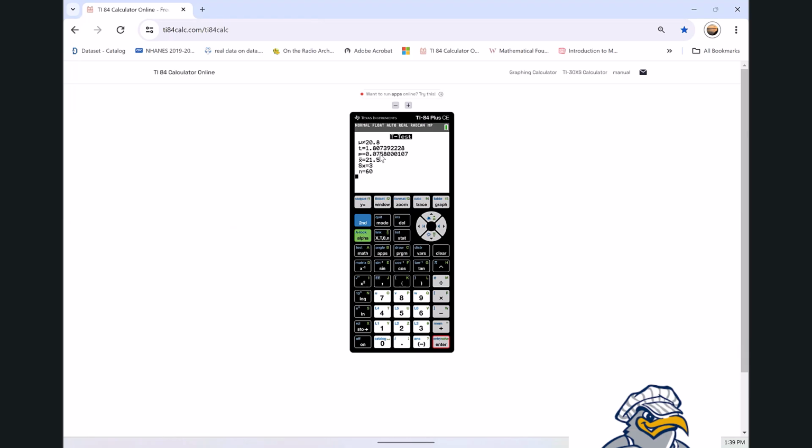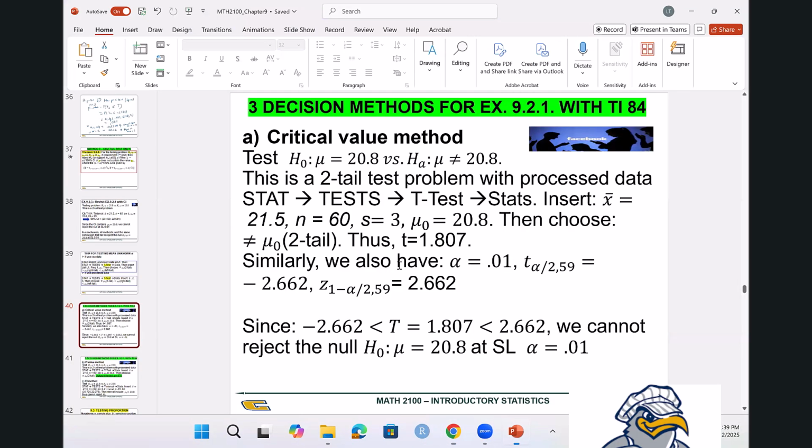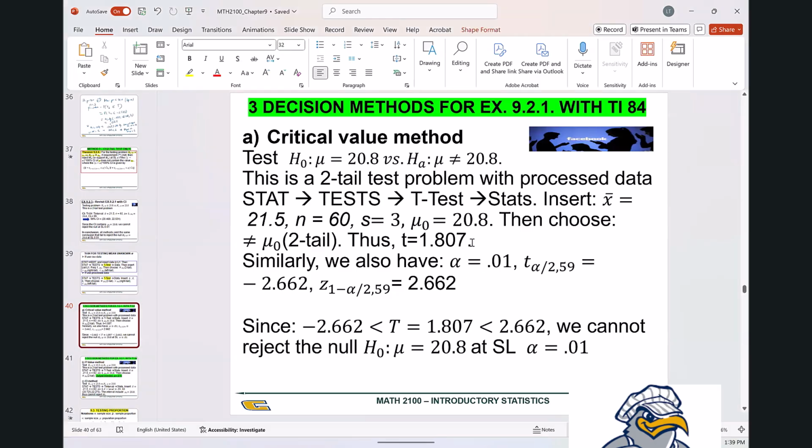The p-value is 0.0676. And if you use the critical value method, your calculator doesn't give you the cutoff.